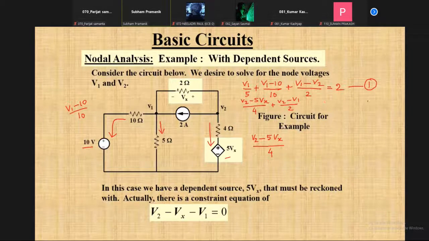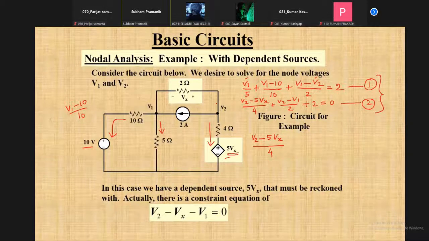That's the second one. Now the question is, you have two equations, but there are three unknown variables: V1, V2, and Vx. So you have to find this Vx, that means this dependent voltage source value, with respect to some other known voltage or current.